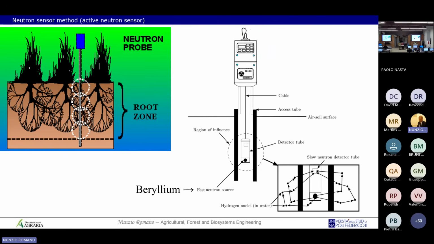And this counting is related to the amount of hydrogen, so the amount of water in the soil. So this is only to give you the idea of the principle of functioning.